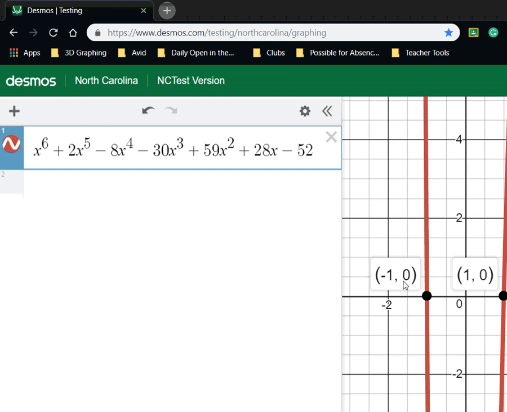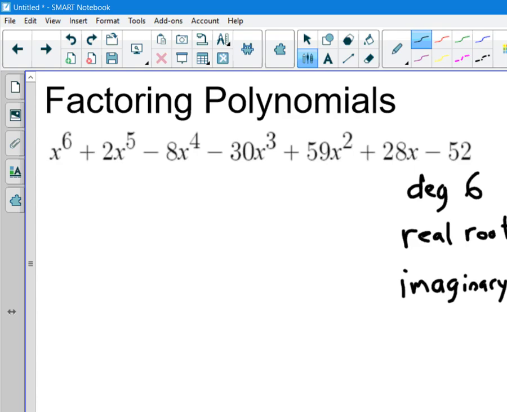So I see positive and negative 1, and then I see a positive 2 twice. Like one of the others, I'm actually going to go a little bit further in my division before I actually start verifying things on the graph, because we were saying that x is negative 1, x is 1, and x is 2 twice are indeed roots.